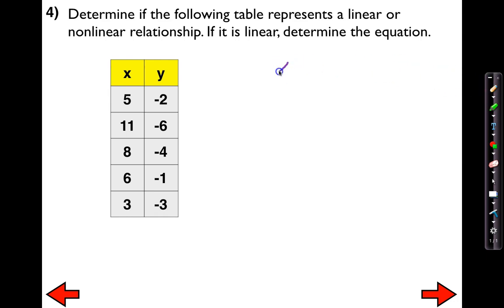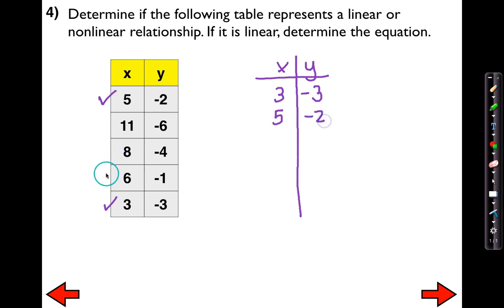Okay, so first things first, let's go ahead and put this in order. Starting with, let's check them off this time. 3, -3, and then 5, -2, 6, -1, 8, -4, and 11, -6.